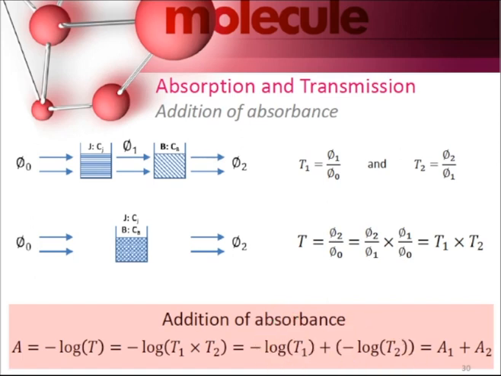So basically at the end of the day, if we mix two solutions, two samples, two substances, then the absorbance of their mixture is the sum of the absorbances of each one of them. Okay?